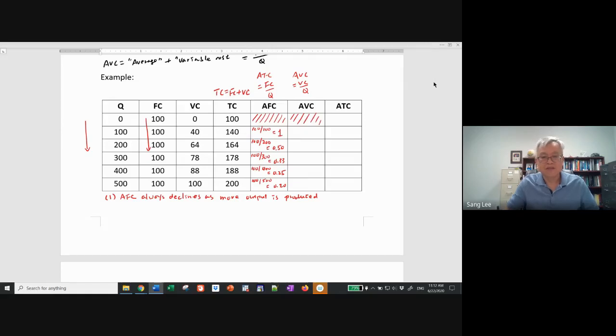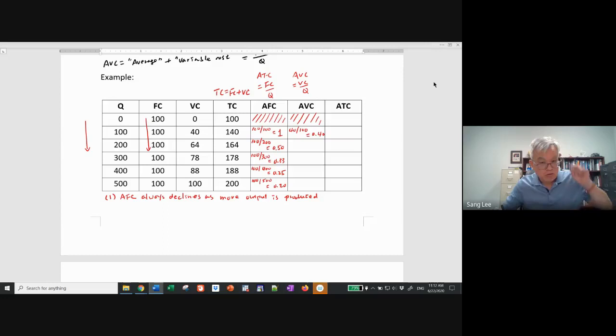Okay, so now when you produce 100 units, what's the average variable cost? Simply variable cost 40. We're going to divide this by the quantity. So 40 divided by 100 is 40 cents. Now, what if you produce 200 units? What's the average variable cost?